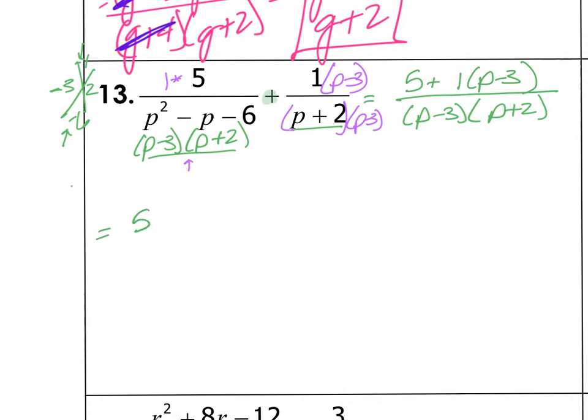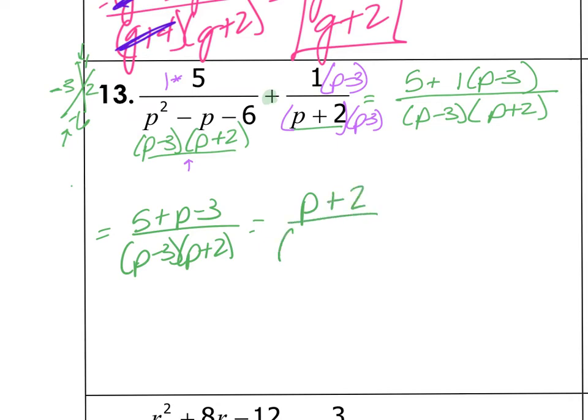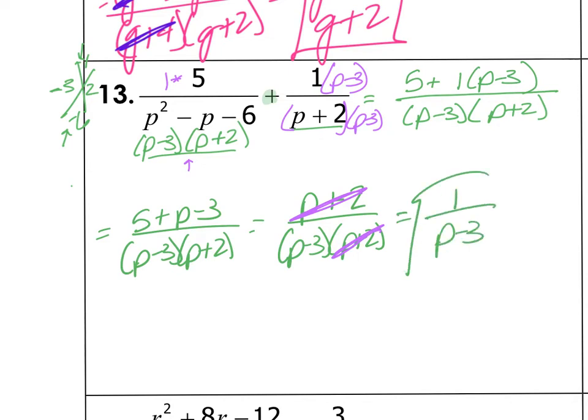So 5 plus p minus 3 over p minus 3 times p plus 2 equals p plus 2 over p minus 3 times p plus 2. P plus 2, p plus 2. So in the numerator I have a 1 over p minus 3. There you go. Good job, you guys.